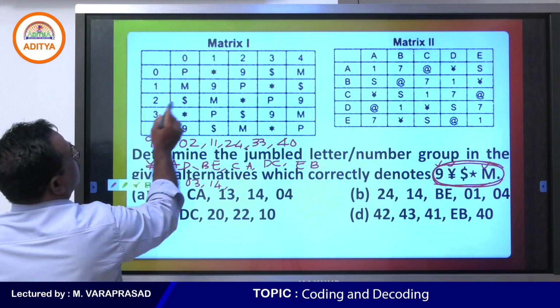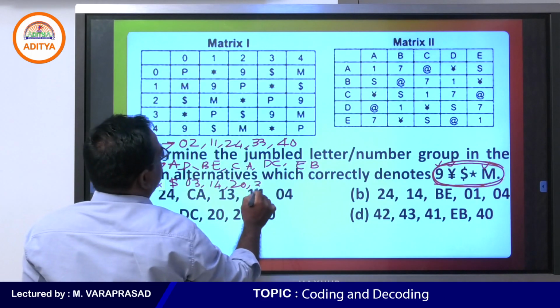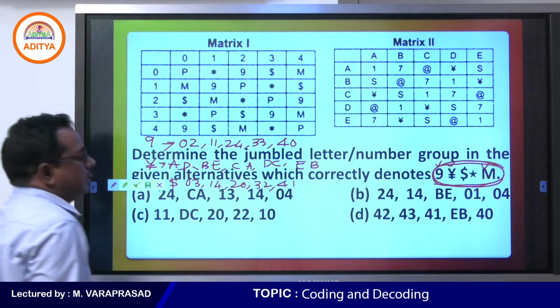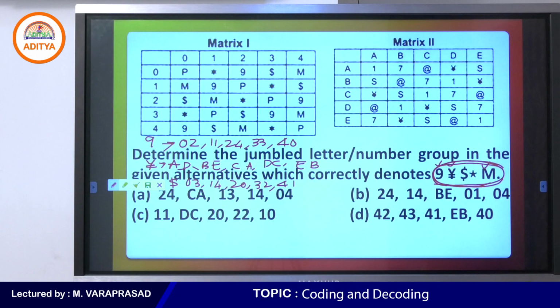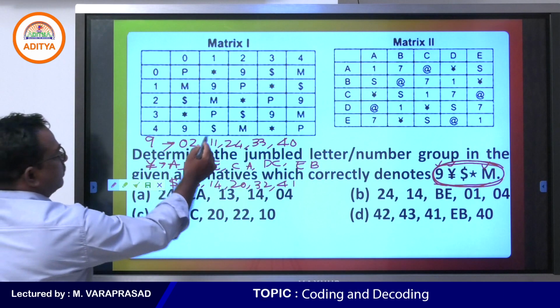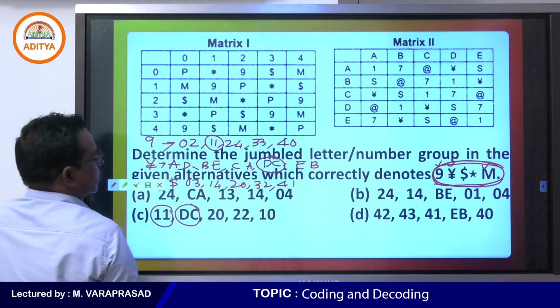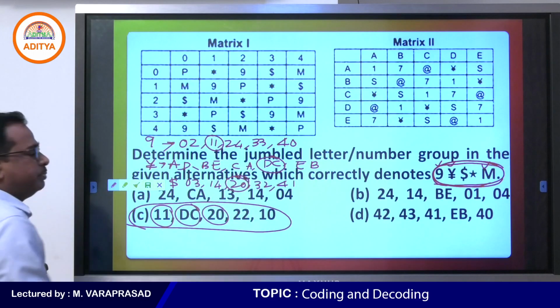Third one 2, 0. Fourth one 2, 3. Fifth one 4, 1. If you take option C, what do you get? 11 is there here, DC is there here, 20 is there. So if you verify, option C is correct.